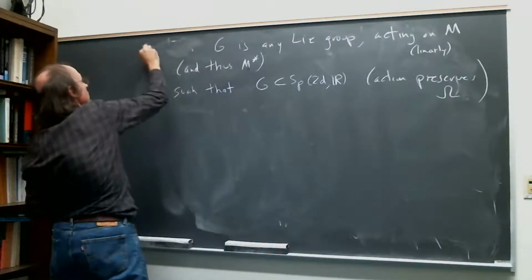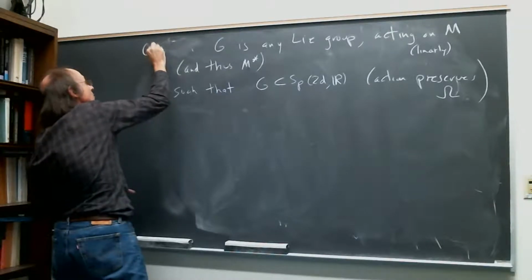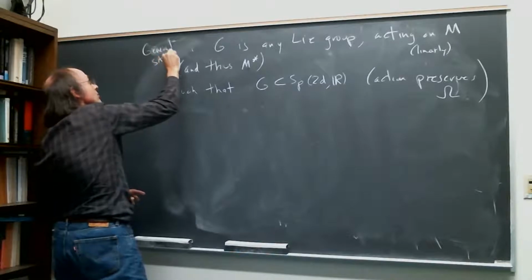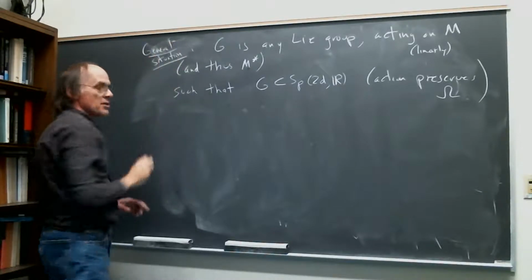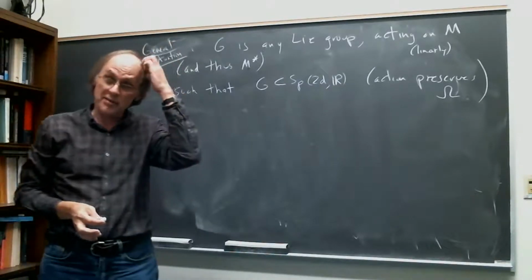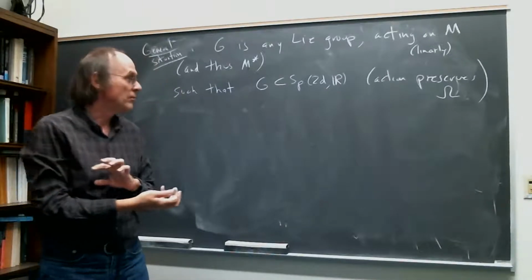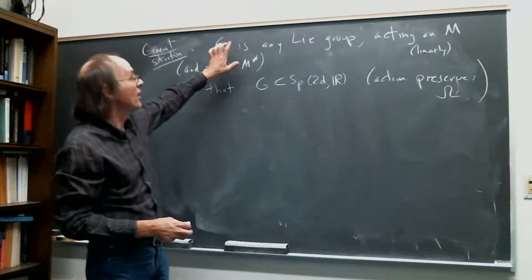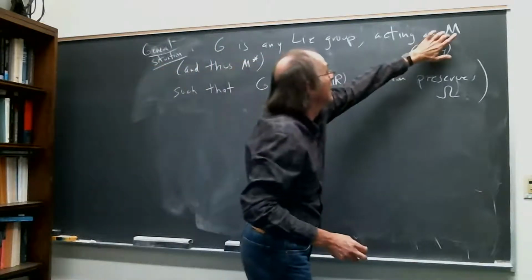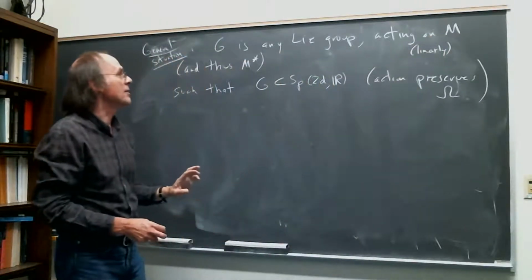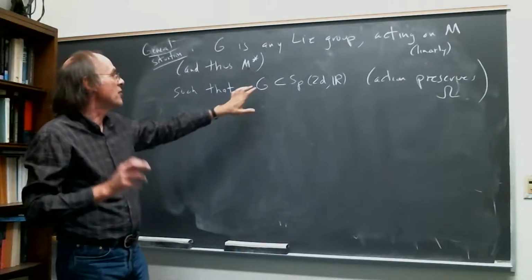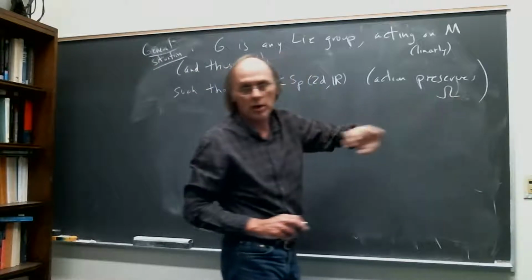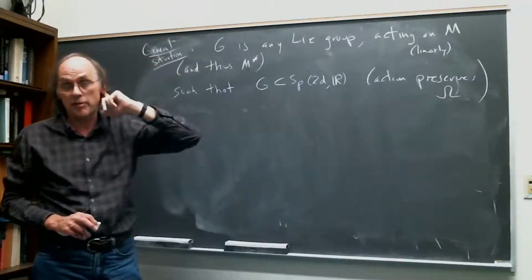So this is the general situation, the general context we want to put ourselves in when we're talking about symmetries of classical mechanical systems: you've got a group acting on the phase space, and to make this interesting, you need the group action to preserve the Poisson brackets, or to preserve omega.